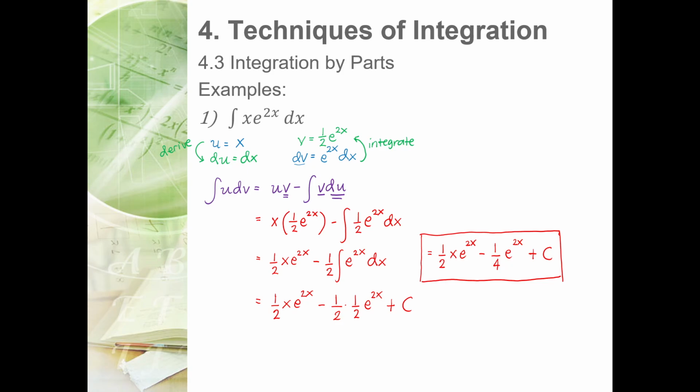I think that's what you need to do always in integration by parts. In my experience, the easiest advanced technique for me is integration by parts, as long as you know how to integrate and derive your dv and u parameters.